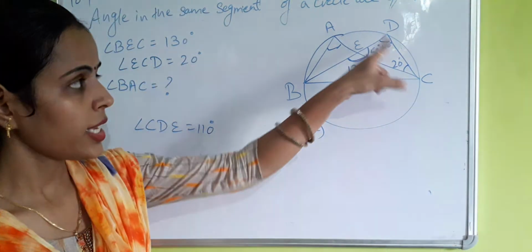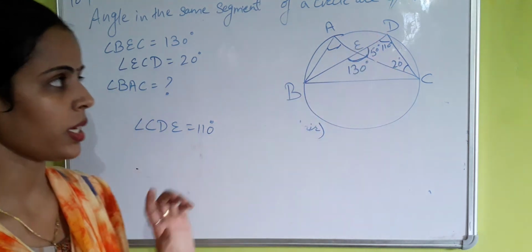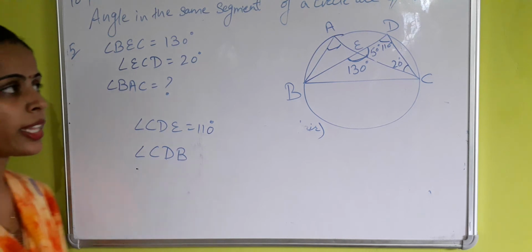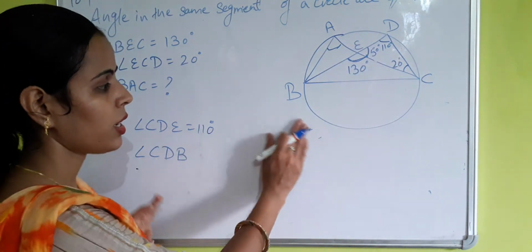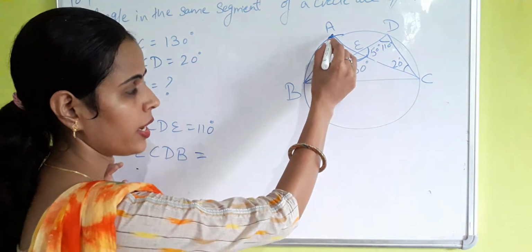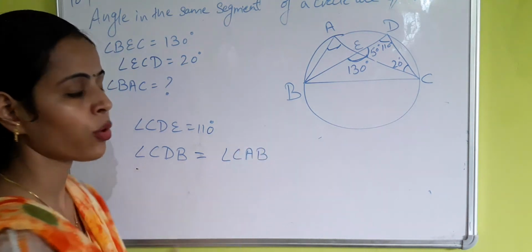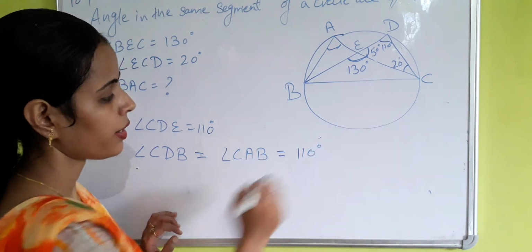Then this angle CDB, we can also say, is equal to angle CAB, or BAC, equals 110 degrees.